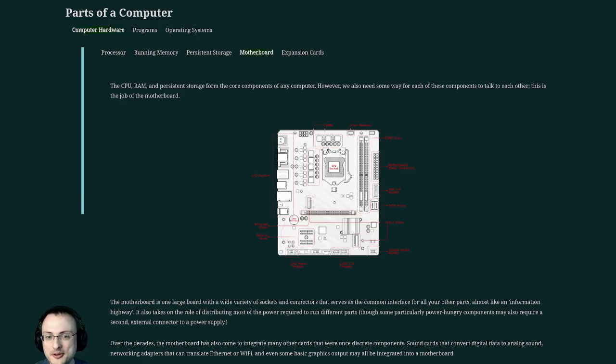The motherboard, despite its name, is not mother to all these things. It is sort of just like the highway that all of these things use to talk to each other. It's one very large board with a bunch of sockets and connectors that let it serve as an interface for all your other parts, sort of like an information highway.